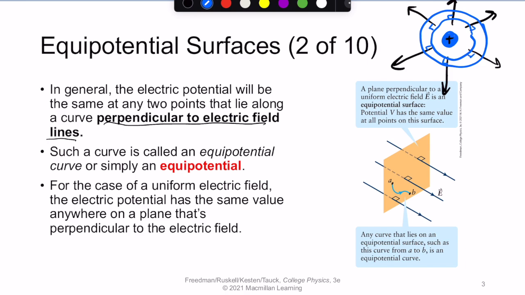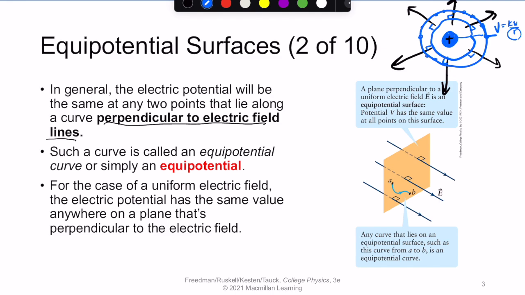And the potential value at those circles is KQ over R, because the potential is constant for a constant value of R. So if this is a radius of 5 centimeters away, the potential due to that point charge Q is going to be the same anywhere along this equipotential line.